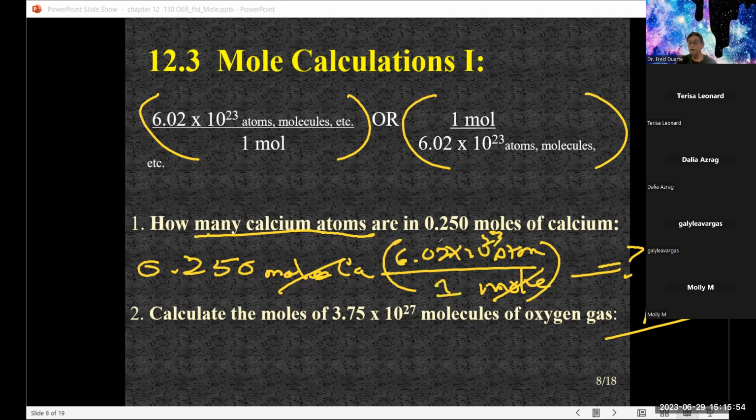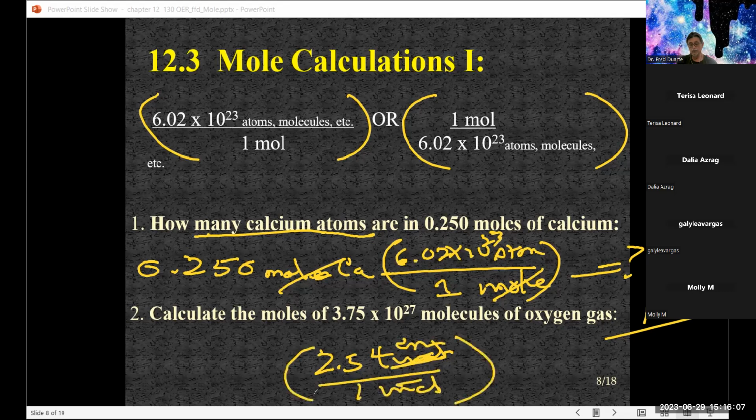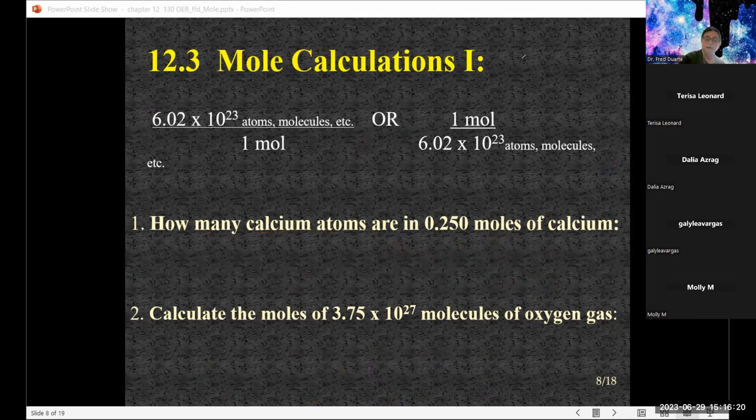No different than when we did 2.54 centimeters in 1 inch. If we started with 10 inches and wanted to convert to centimeters, that's how we set it up. Same process here: keep track of your units. Once we do that, we get the following.